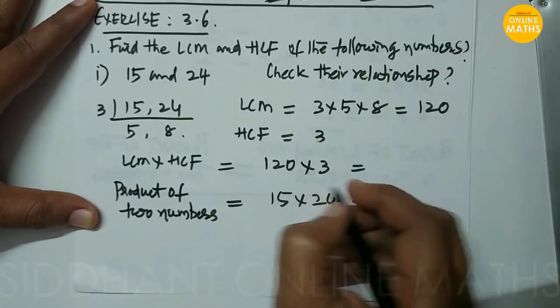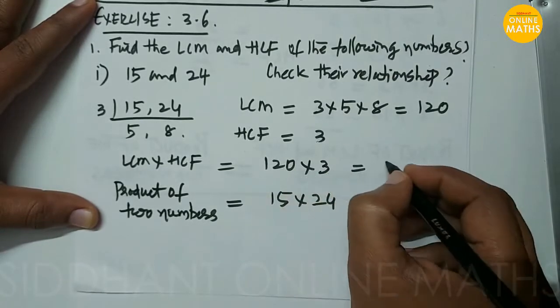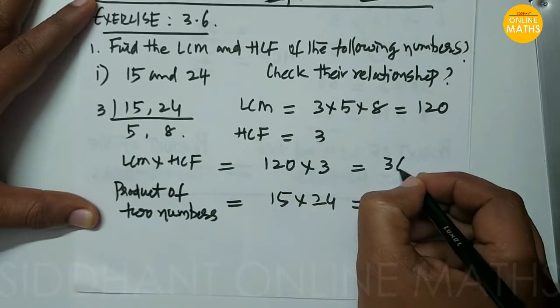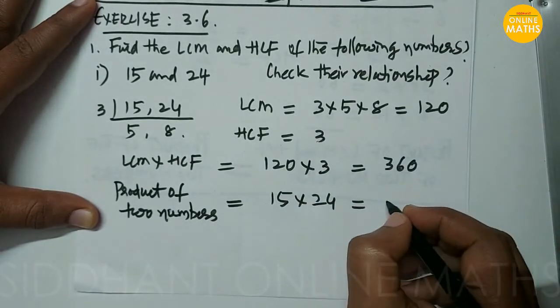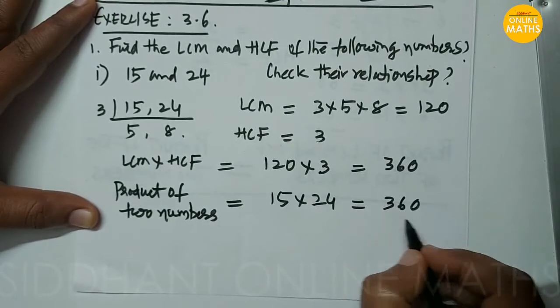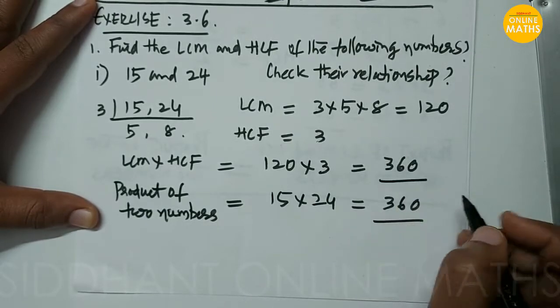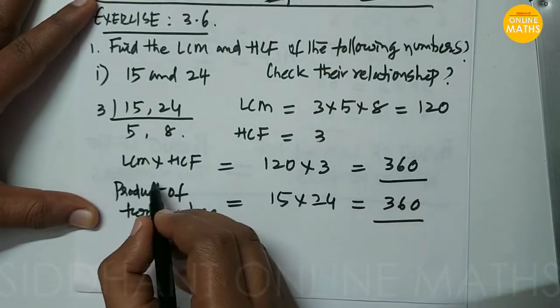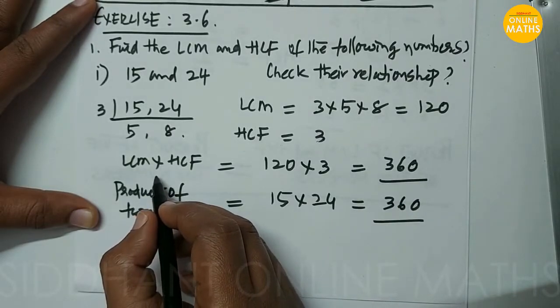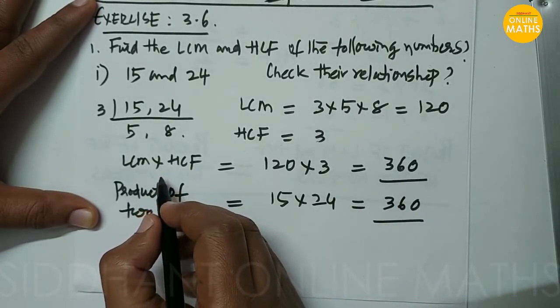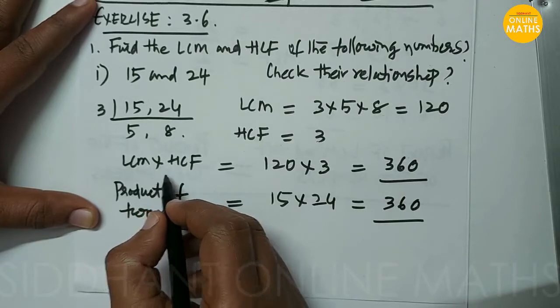So 120 into 3, we get 360, and 15 into 24, we get 360. So we got the same answer. So we can say that the product of the numbers is equal to the product of the LCM and HCF.